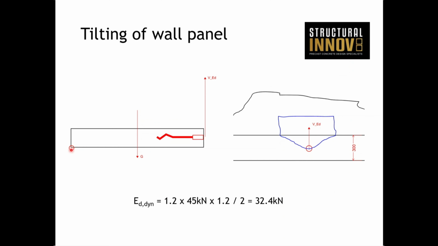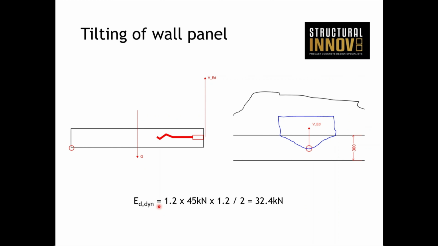One end here on the left is bearing on the ground, and our weight of unit is acting through the center. So you can work out what the value of the shear force is, and basically take that as your design.